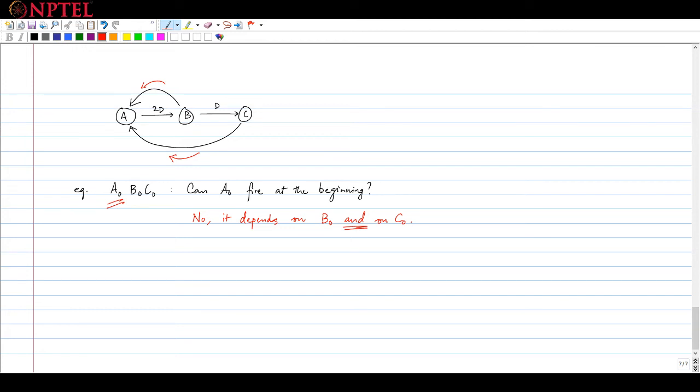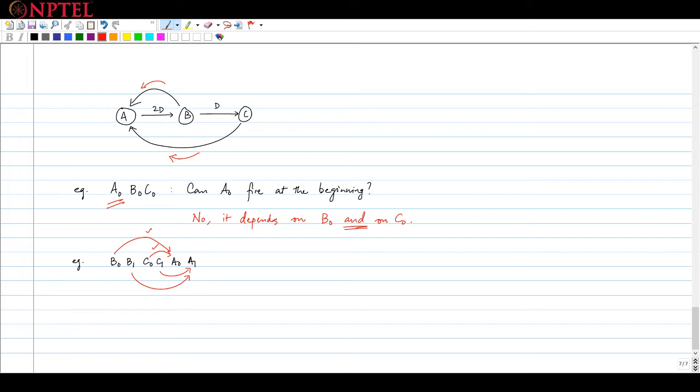What about the next sequence, which was B0 B1, C0 C1, and then A0 A1? Is this a valid sequence? What are the dependencies that we have to take care of? A0 depends on C0 and B0. So both of these are okay. Similarly, A1 depends on B1 and C1.